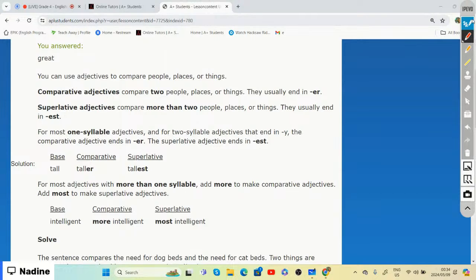If we're comparing two people, we can say that one is more intelligent than the other one.